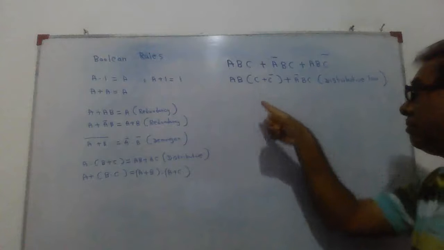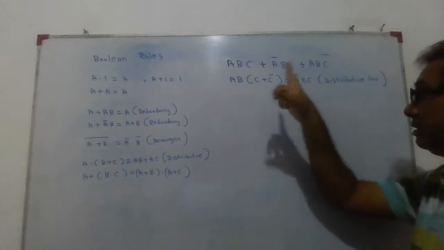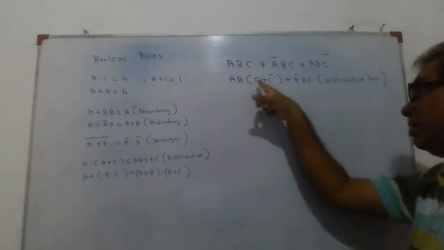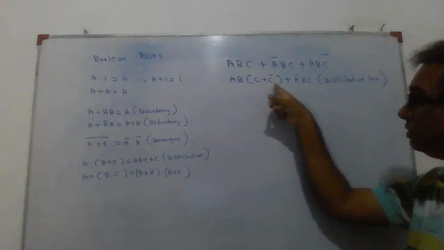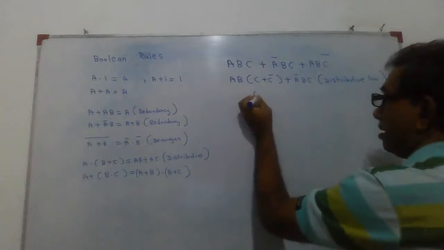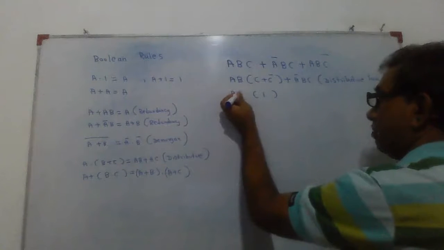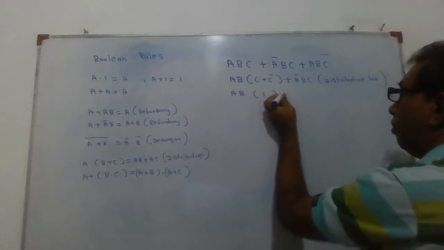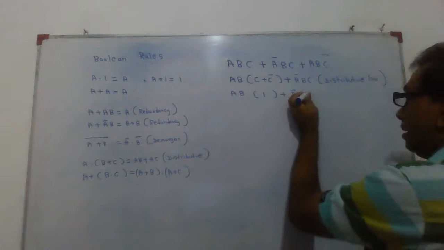C or C bar: if C is 1, C bar is 0. If C is 0, C bar is 1. So what may happen here? C or C bar should be 1. So we can simplify here. It should be 1. Then we have A and B, or A bar and B and C.